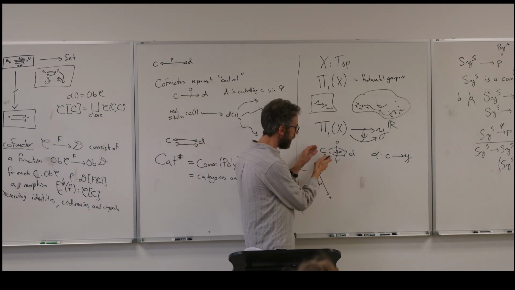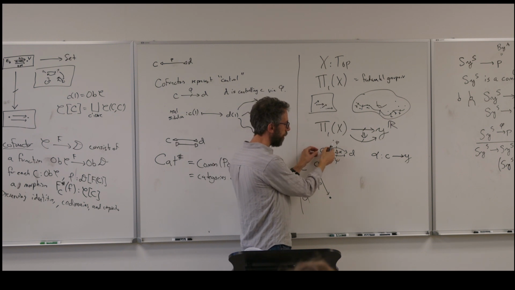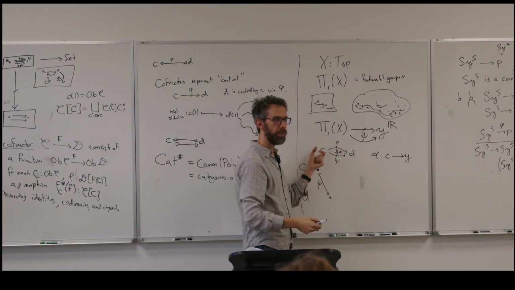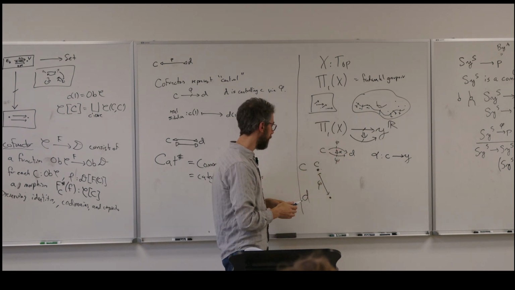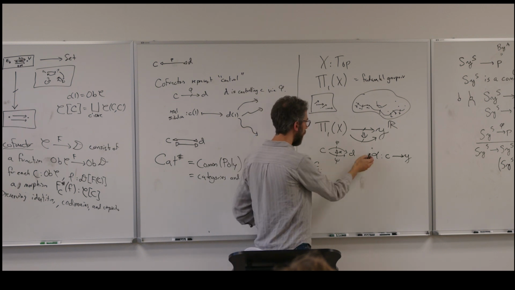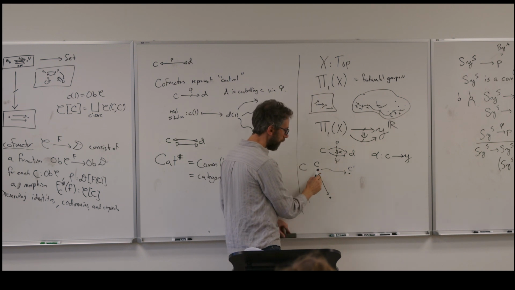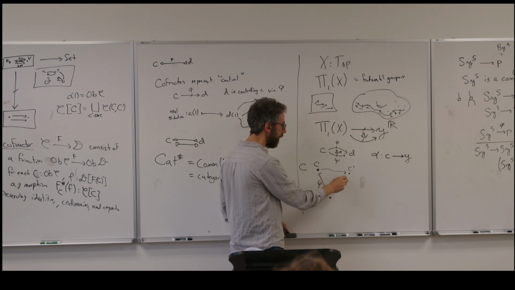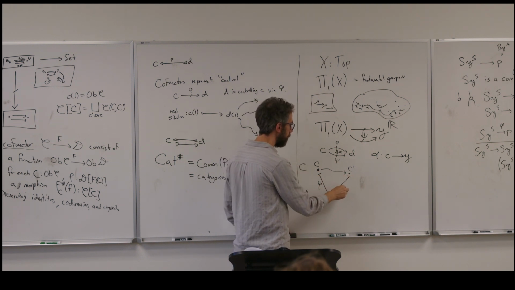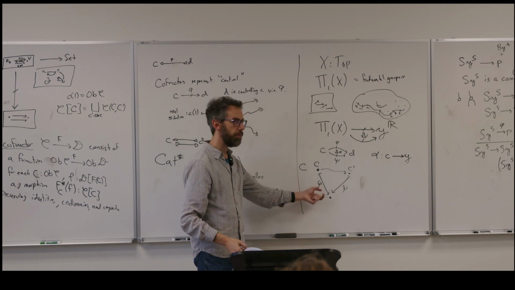But anyway, if you have two different control ways that D can control C, what is a map between them? A map between them is, for every object in C, some choice of map out, such that if you look at the first controller before you did this, and you look at the second controller after you did this, you get the same answer.